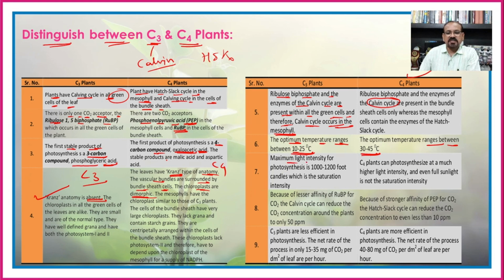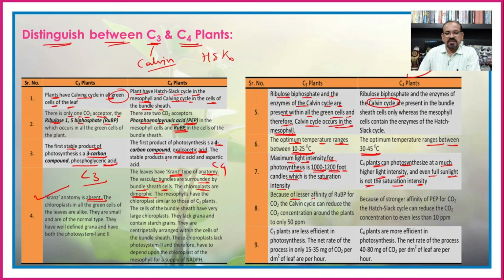Then the maximum light intensity for photosynthesis is 1000 to 1200 foot candles, which is the saturation intensity. And the C4 plants can photosynthesize at much higher light intensity, and even full sunlight is not the saturation intensity. Means we can say that the C4 plants are more efficient with respect to the rate of photosynthesis.